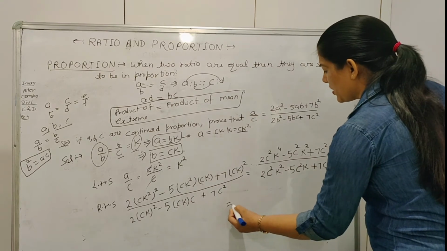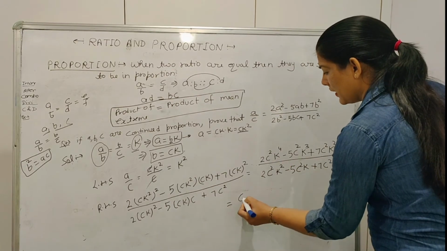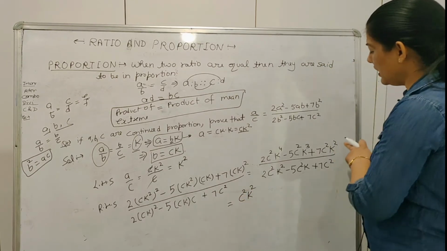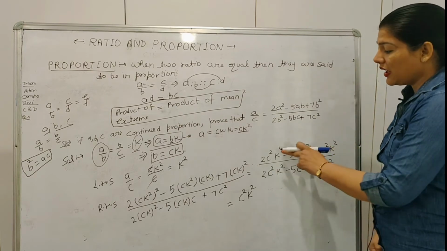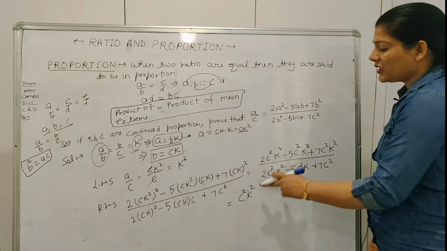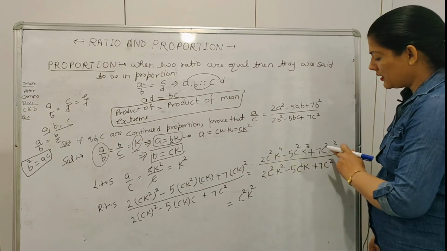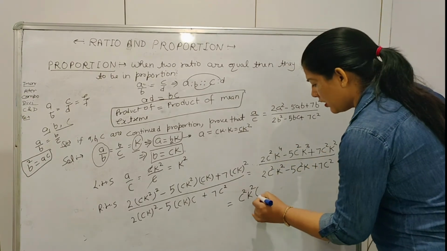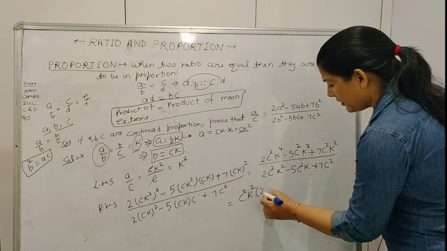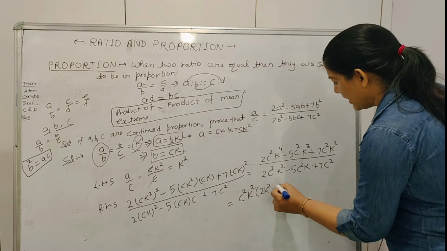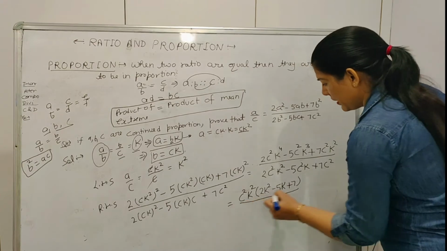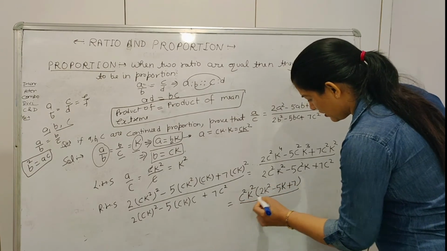Now look at the fraction, what is common here in the numerator? You can see that C square K square is common, because the least power of K in each term is, here the power is 4, here 3, and here 2. So take the least power common, and C square is also the equal power in all terms. So what is left here? 2K square minus 5K plus 7 is left in the bracket, and in the denominator, what is common here?